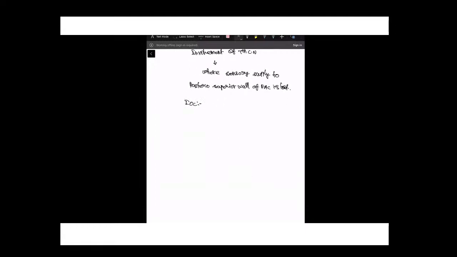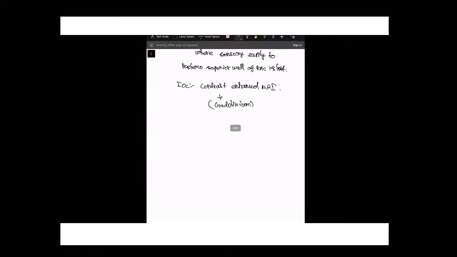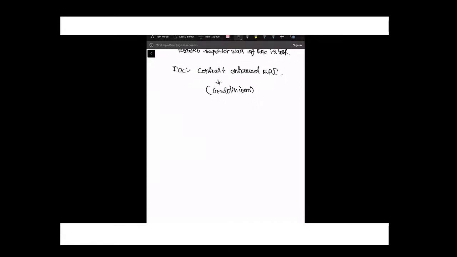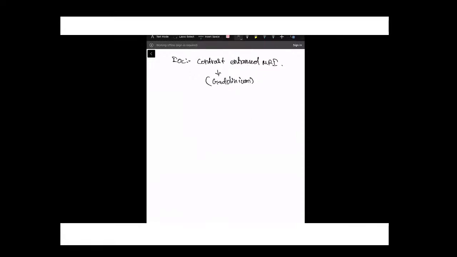Investigation of choice is going to be a contrast enhanced MRI. The contrast used here is gadolinium. In radiology, the names of contrast agents used can be asked. So please memorize the names of contrast agents used, and in which liver conditions they can be used and which cannot, in renal failure which can be used and which cannot. They can ask like that.